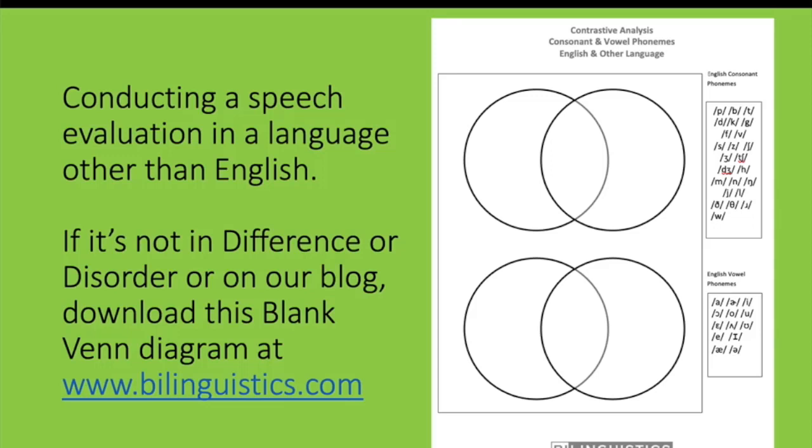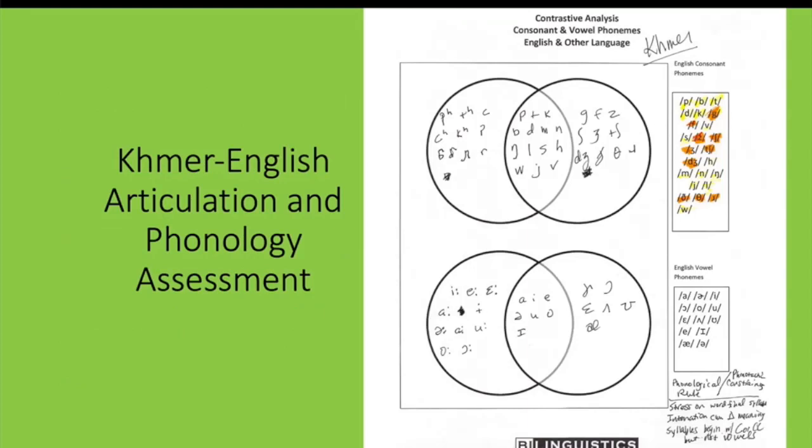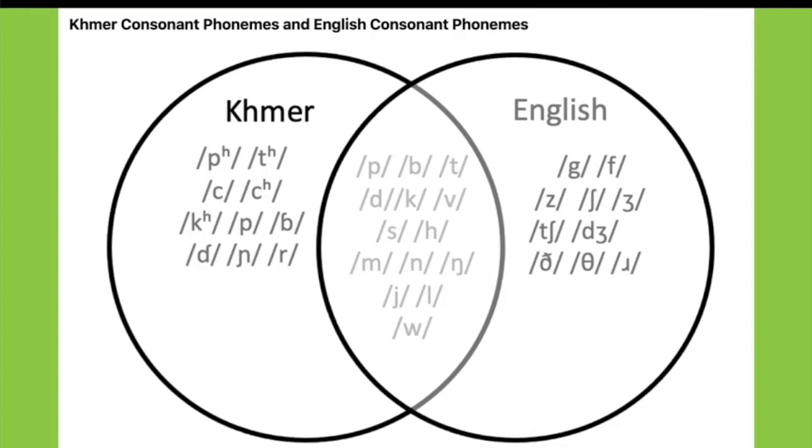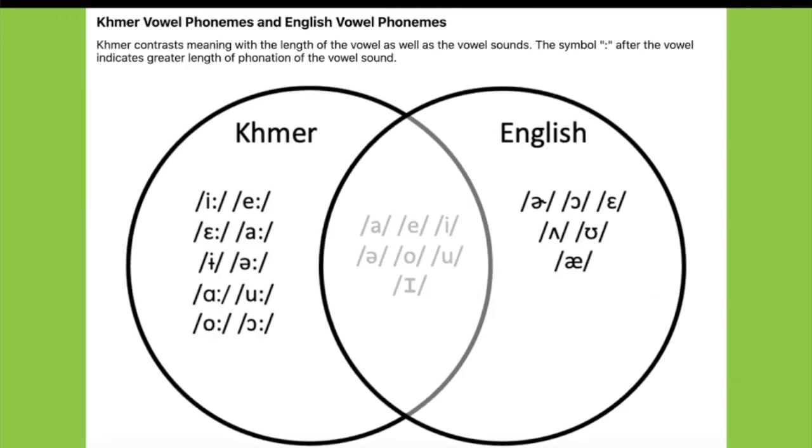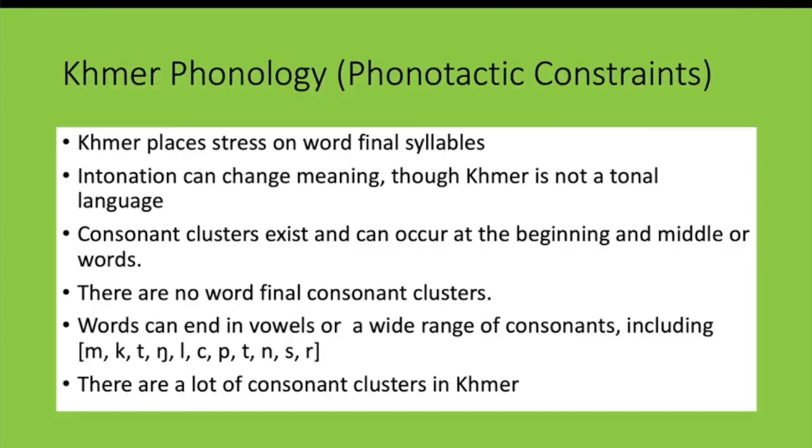If not, you may have to create your own, and we've created this tool for you to facilitate the process that includes the English consonant phonemes and the English vowel phonemes, so that you can just highlight the ones that overlap and then know which ones are unique to English, and then you add the unique consonants for the other language. Here's what that looks like when you get through with it. A little messy, but it works. I went ahead and created clean versions of these for Khmer and English for the consonants and the vowels, but that's not necessary in the process of the evaluation.